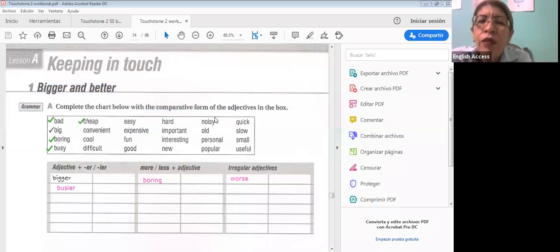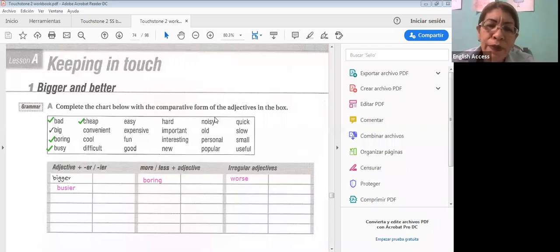Do you remember the rules for the comparative adjectives? Remember, we have long adjectives and short adjectives. With the short adjectives, we're going to use ER or IER. Long adjectives, we're going to use more or less.